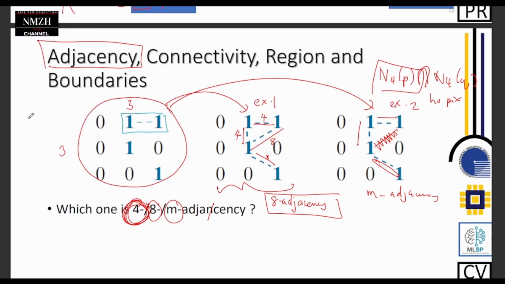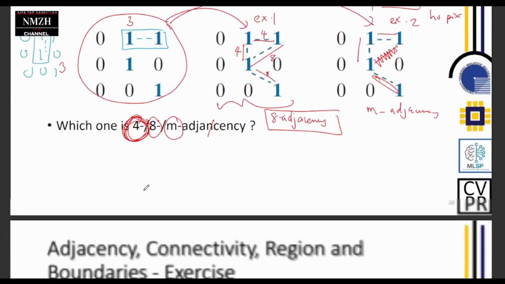Another way around, when we talk about this, this is 4, if we have the dash line over here, right? So that would be the idea of describing the adjacency for 4, 8, and M. It depends on the behavior of the adjacency based on the 3 types, right?